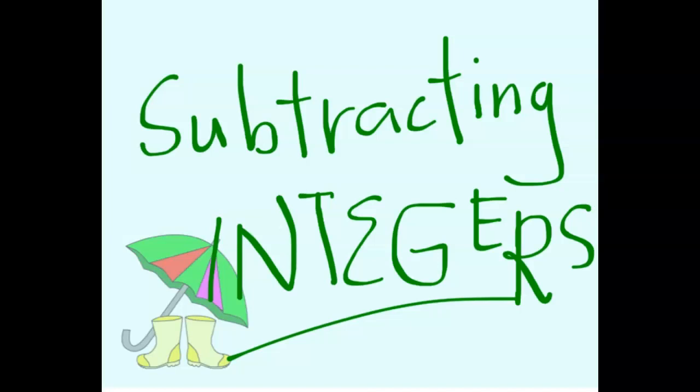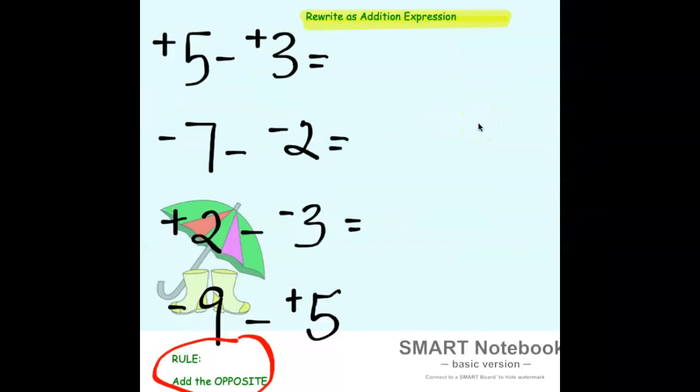Okay, so the rule in subtracting is we're going to add the opposite. I know some students think of a cue or clue letters or something like that, but the rule will be adding the opposites. Other teachers or other books will say KCC.